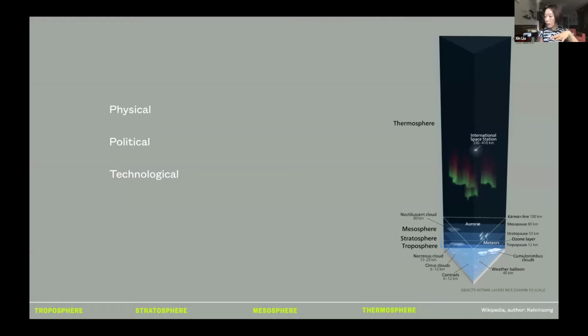However, before we reach escape velocity, we're still mostly dealing with a rather vertical space, a thin layer just above the Earth's surface, the atmosphere, which is divided into 4 sections, and each of them has unique physical, political, and technological features. So today I'm going to take us through those different layers in our atmosphere.